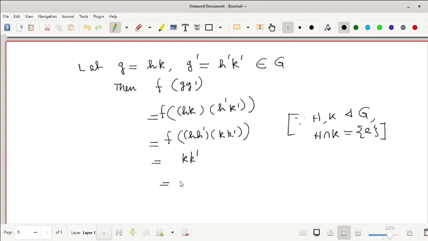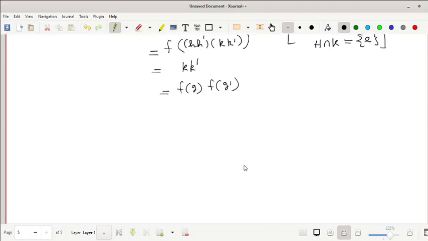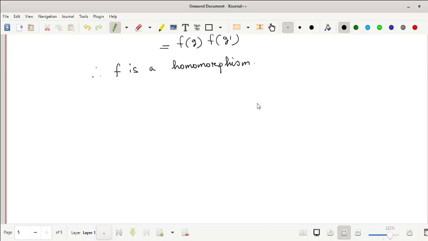What is k? k is f of g and k prime is f of g prime. Therefore, f is a homomorphism, right?